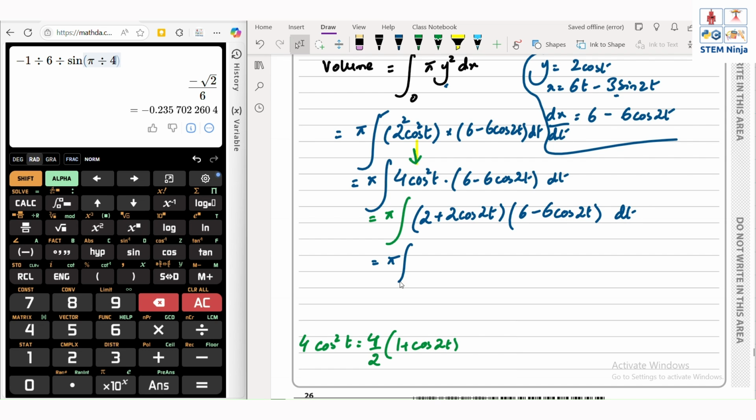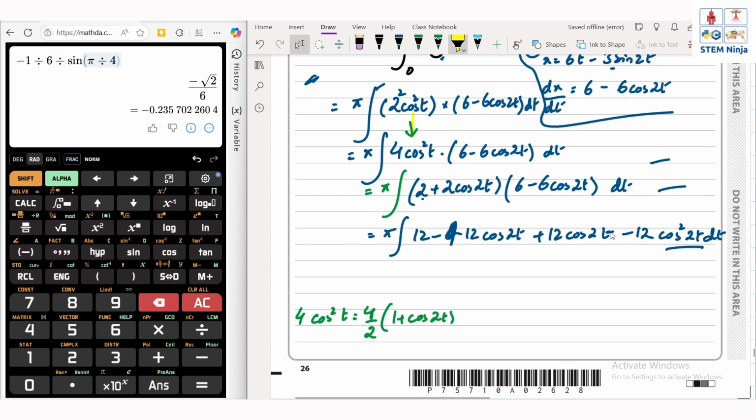Now we do the multiplication. 2 times 6 is 12. 2 times minus 6 is minus 12 cos 2t, plus 12 cos 2t, and then these two terms, so this becomes minus 12 cos squared 2t dt. Now the problem again is the cos squared 2t part.